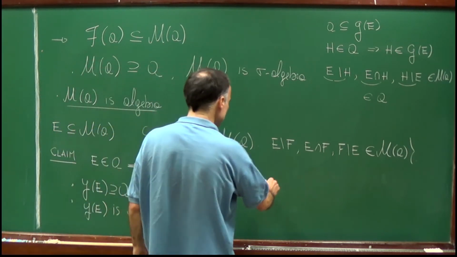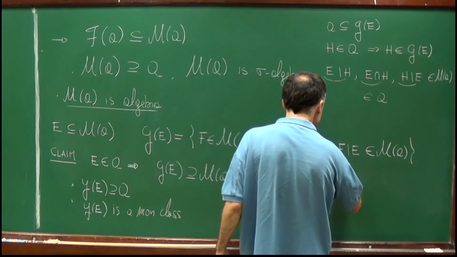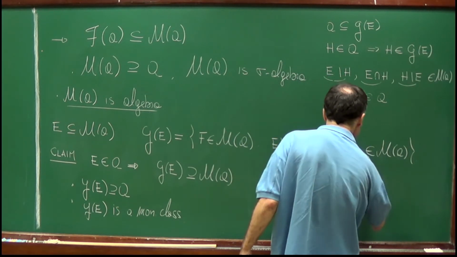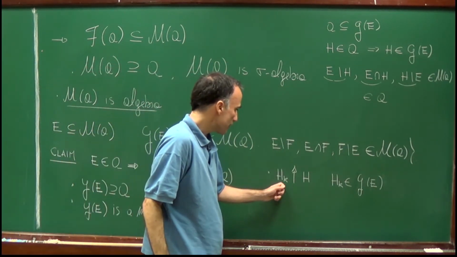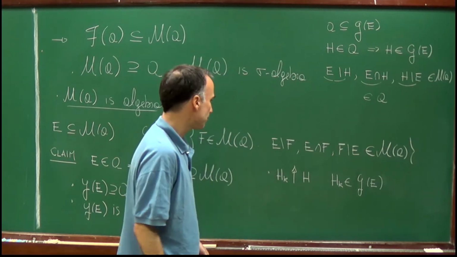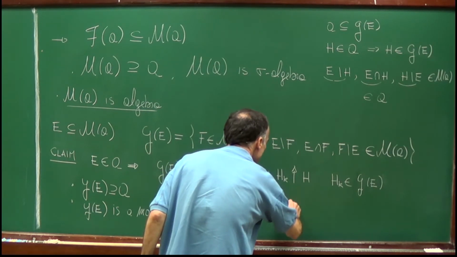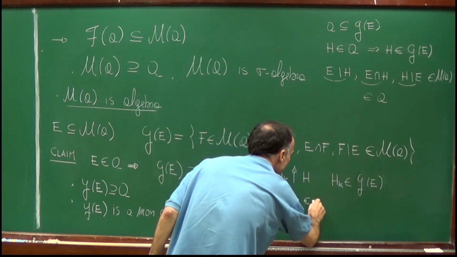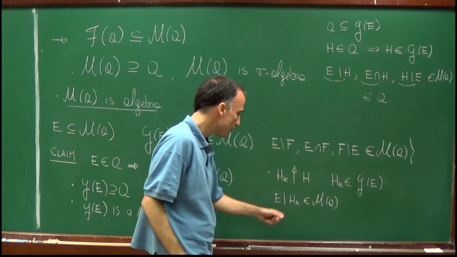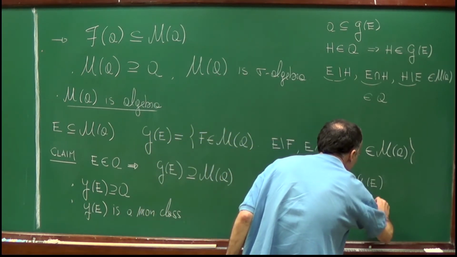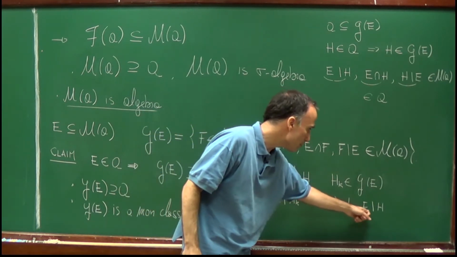Assume that I have a sequence H_k increasing to H, and that H_k belongs to G of E. Remember that this means that H_k is an increasing sequence whose union is equal to H. Well, since H_k belongs to G of E, this means, for instance, that E minus H_k belongs to M of A. But since H_k is increasing to H, this means that E minus H_k is decreasing to E minus H. Since M of A is a monotone class, we have here a sequence of sets in the monotone class which is decreasing to a set.